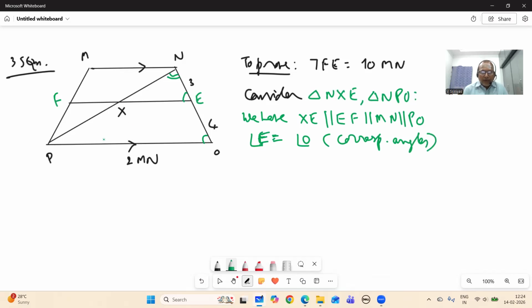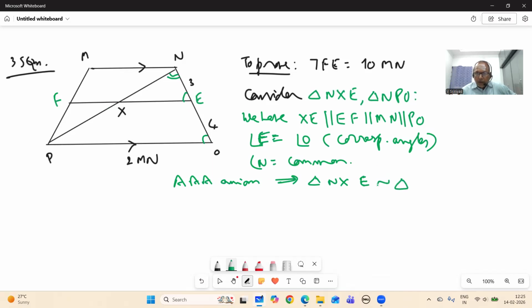These two are parallel and this is transversal. Therefore, this is a pair of corresponding angles, so they have to be equal. And angle N is common. Therefore, by AAA axiom, triangle NXE is similar to triangle NPO.